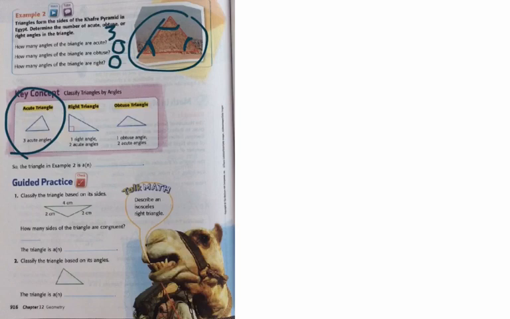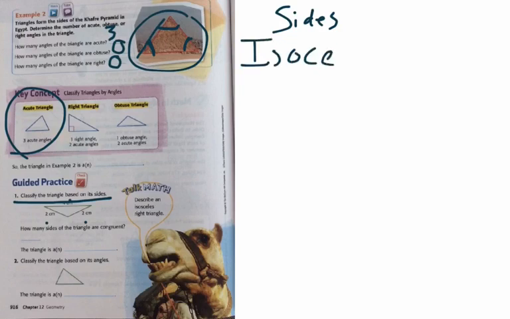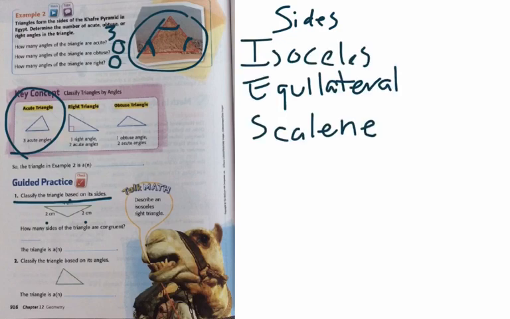It's super important that you guys really focus on what they're going to be asking you to do. So like for example, on the guided practice, number 1 is asking you to classify it based on the sides. So we're going to look at the measurements, and we have 4 centimeters, 2 centimeters, 2 centimeters. So we know that by side, we have isosceles, equilateral, and scalene.